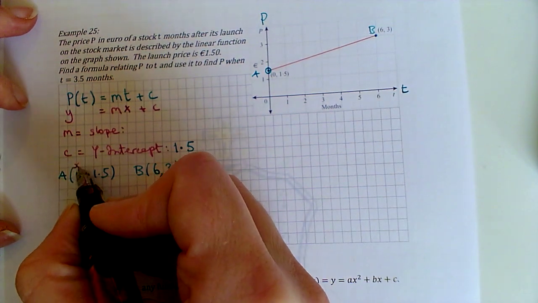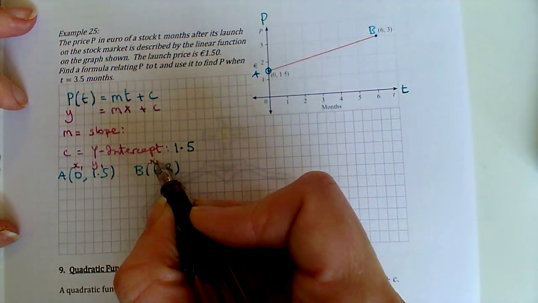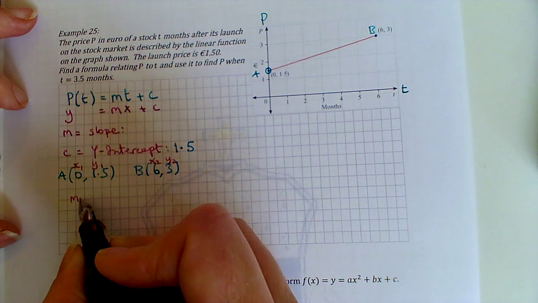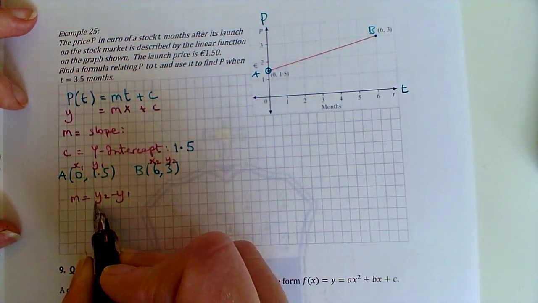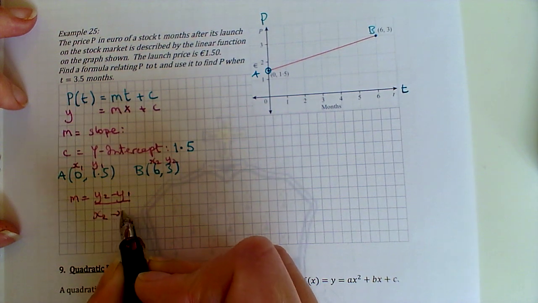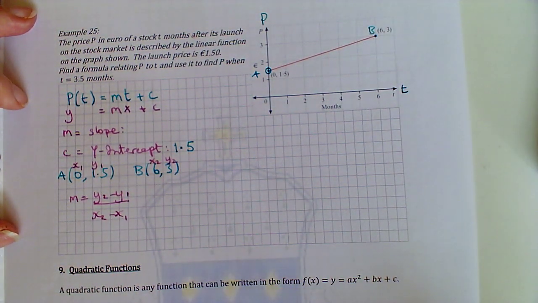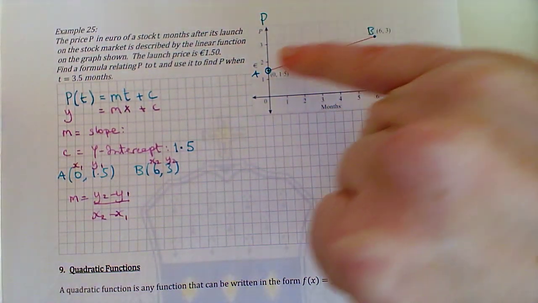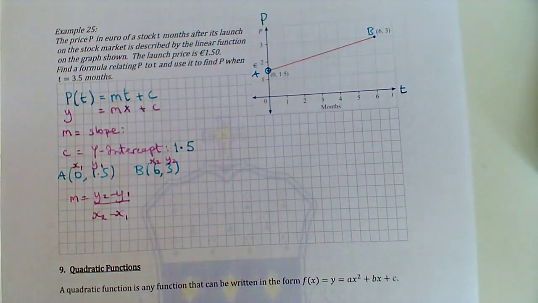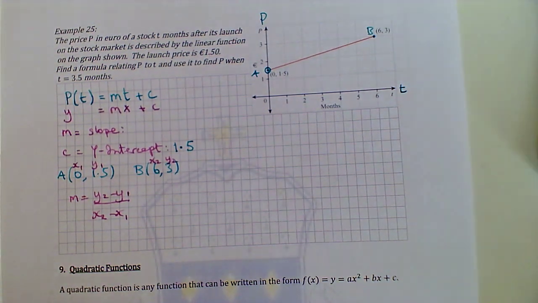So my slope function from coordinate geometry is y2 minus y1, the difference between the y values, over x2 minus x1, the difference between the x values, rise over run. If I could read the values on the graph clearly, I could just do it straight from rise over run, but I can't, so I need to use the formula.